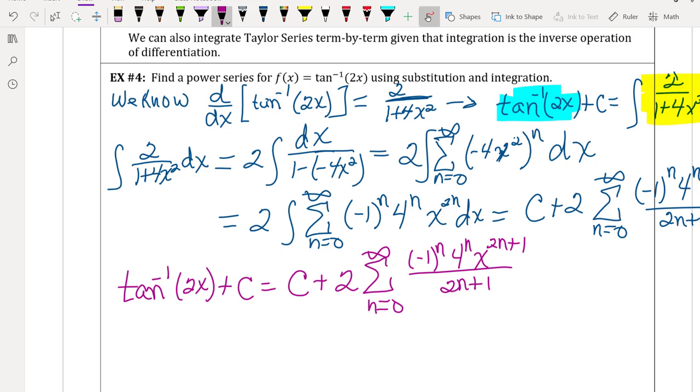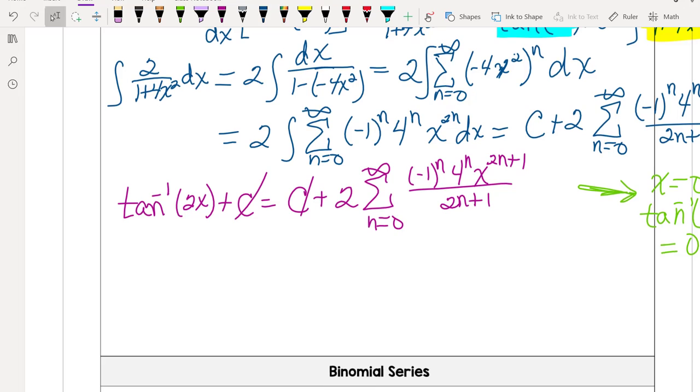Now, this constant's got to be the same because they're the same function. Another thing to note here is the idea that at x equals 0, inverse tangent of 0 plus c has to equal 0, so that's what c is going to be. So you can look at it either way. So we're left with our series looking like this then.